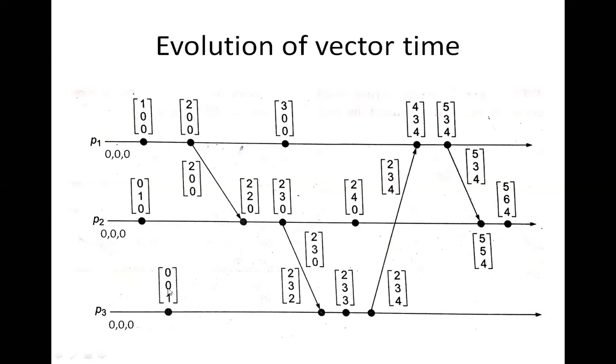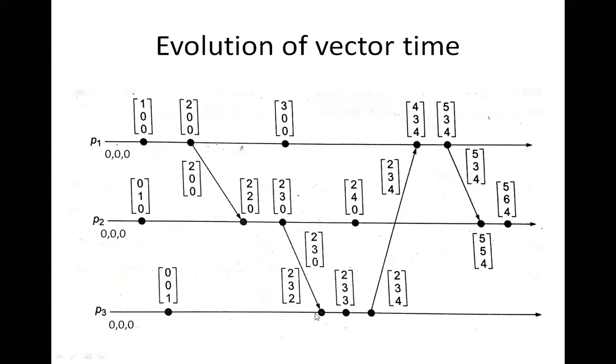The maximum of 0 and 3 is 3. And since one event has already occurred locally in process P3, the third component is automatically incremented to 2, not 0. So it becomes 2, 3, 2.